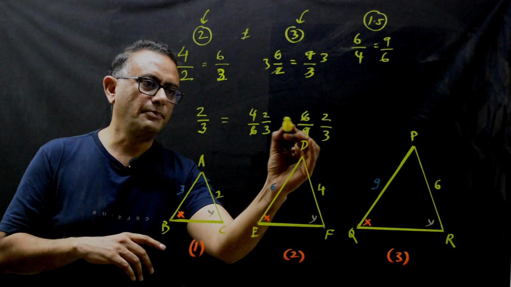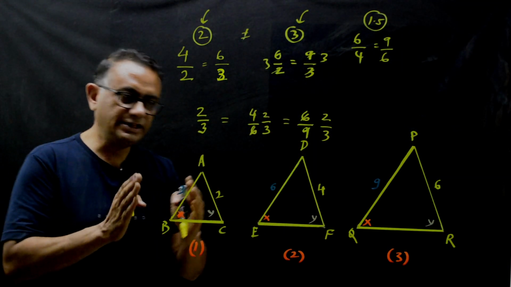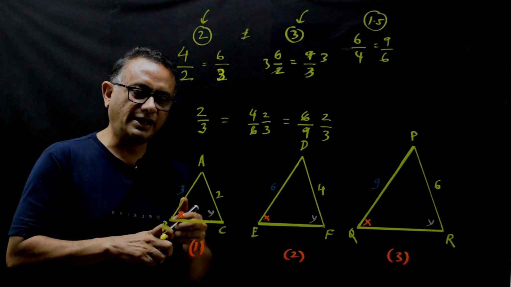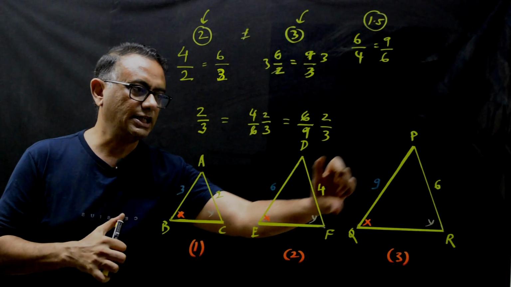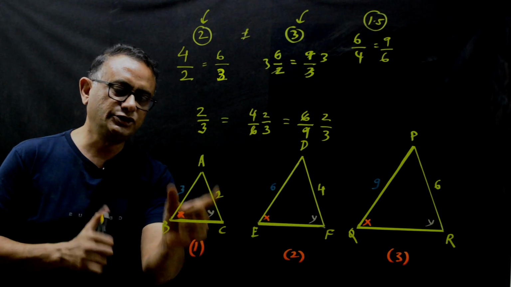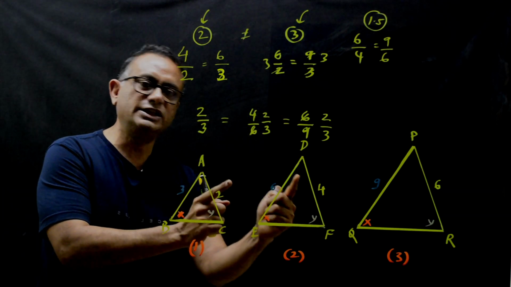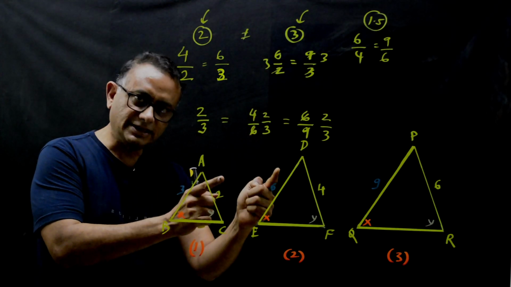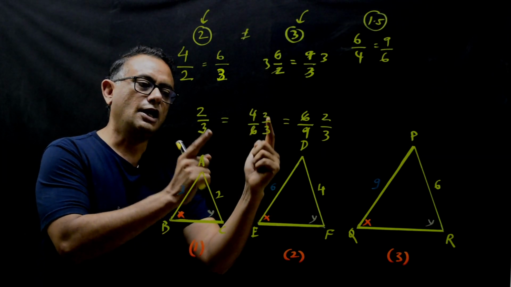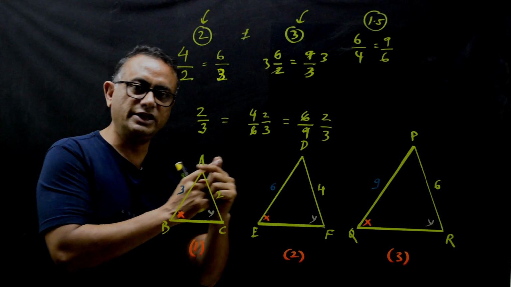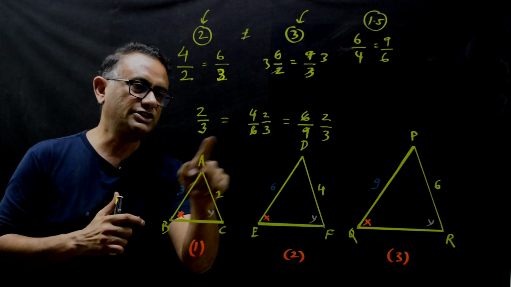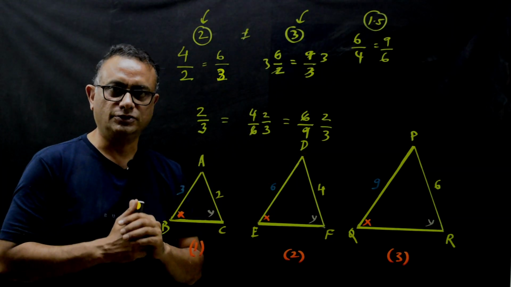So if you want to see the proportionality across all three triangles, instead of looking at the corresponding sides, we take the ratio of any two sides within the triangle and compare it to the same two sides of the second triangle and the corresponding sides of the third triangle, in which case you will get the same ratio. I hope this clarifies.